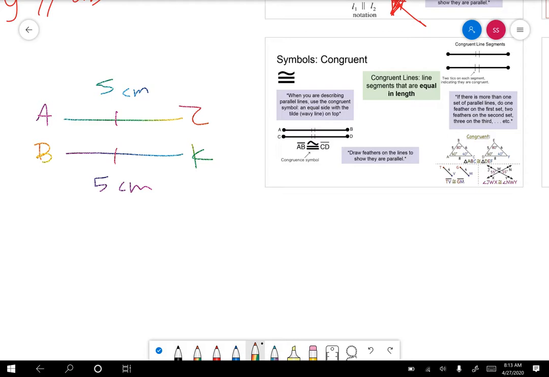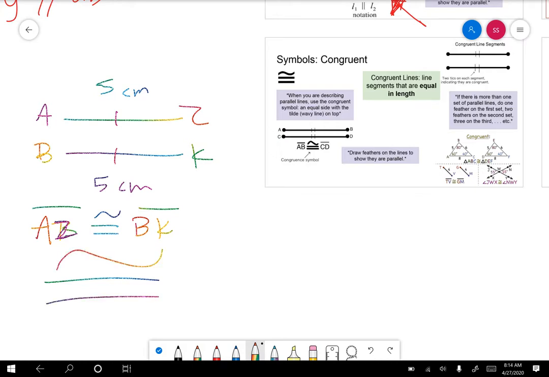If we were to write that out, we could say that AZ is congruent to BK. So this symbol right here, the equal sign with the little tilde, the little wavy line, that means congruent, or equal in length.